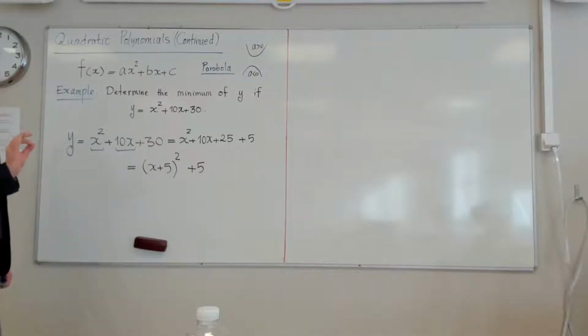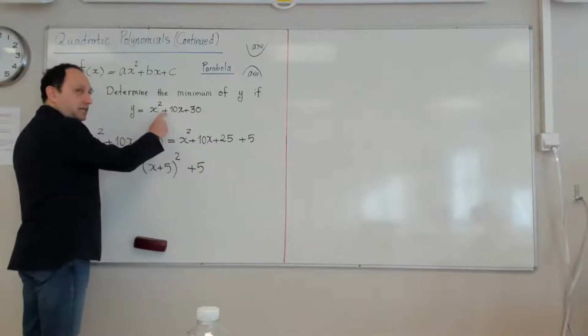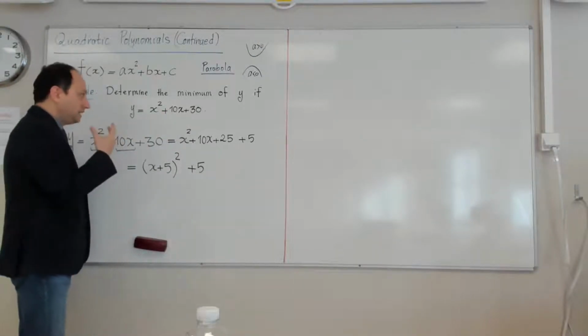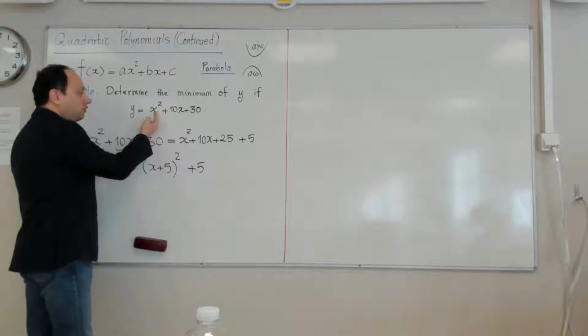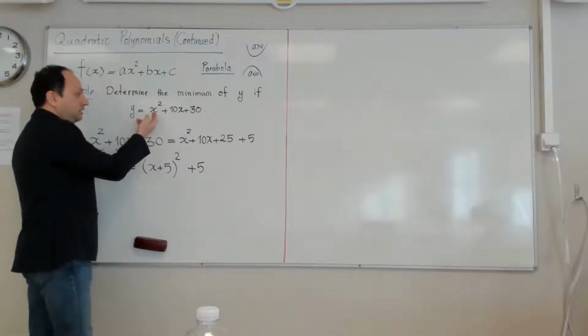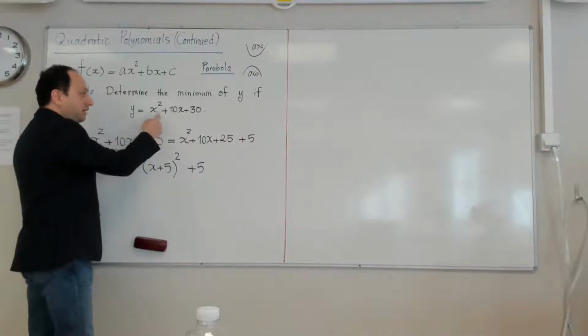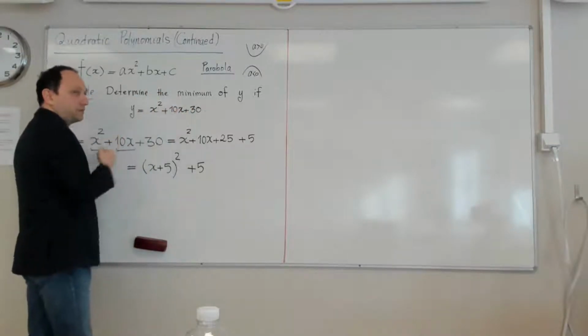I want you to understand this point. Why was it not clear here? The reason is that if I only stick to positive numbers, of course it is clear: when I put positive numbers and I increase them, the value of this is going up.